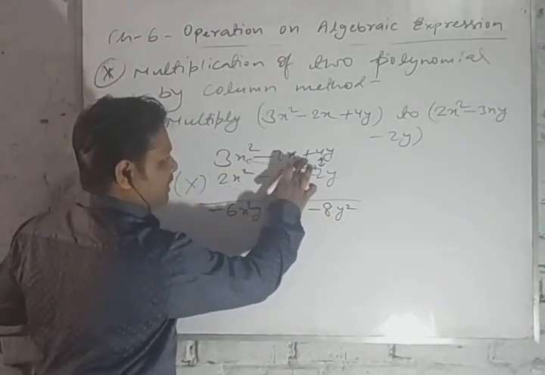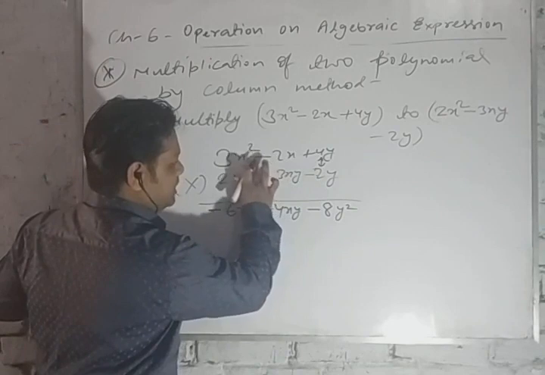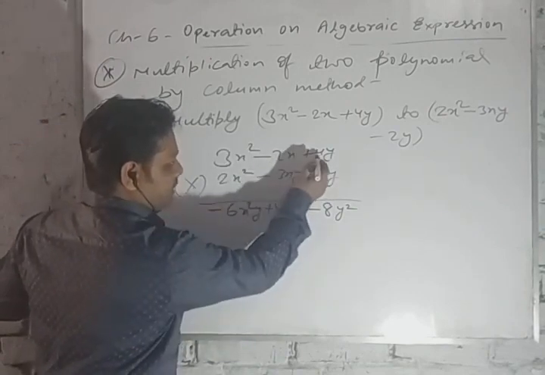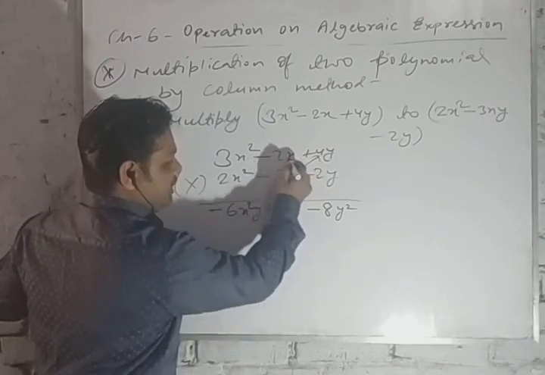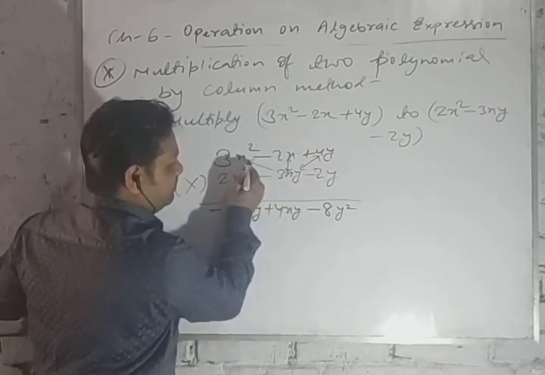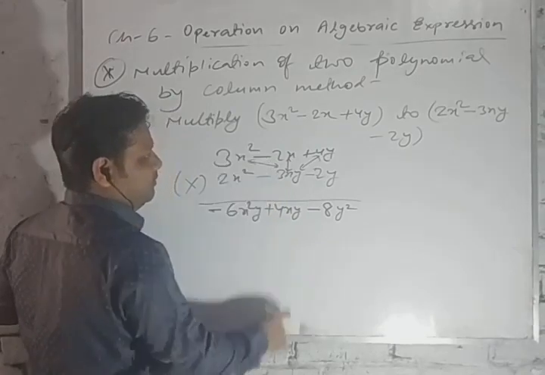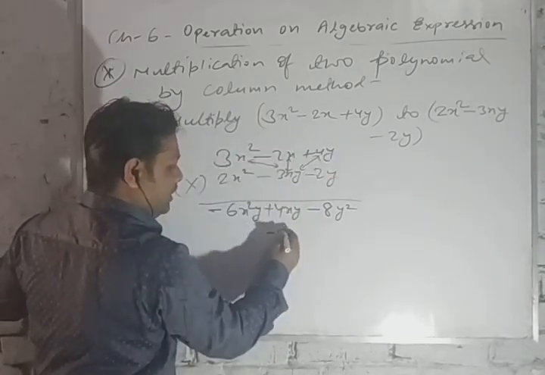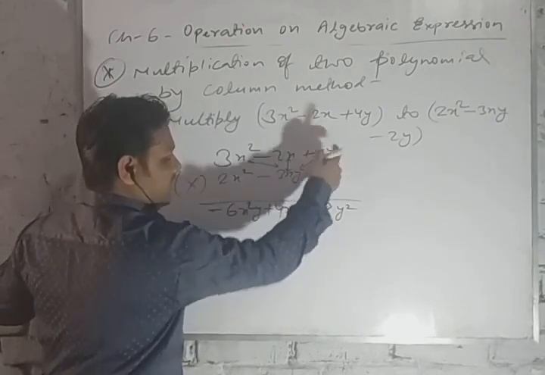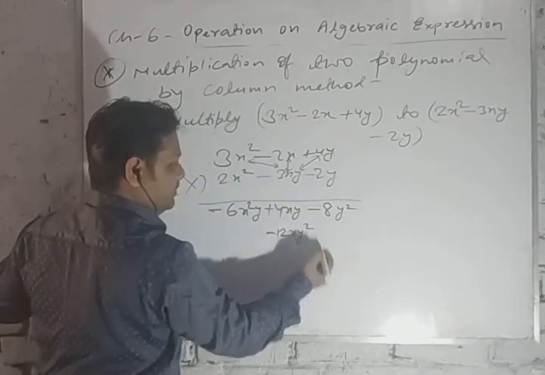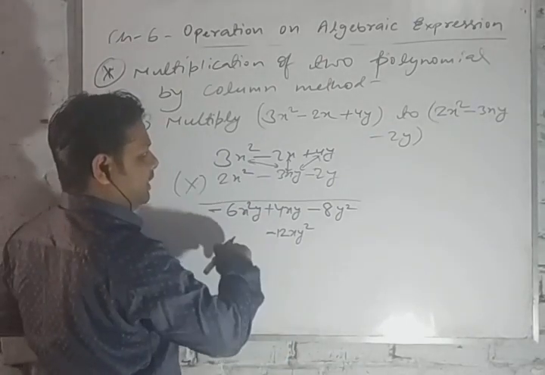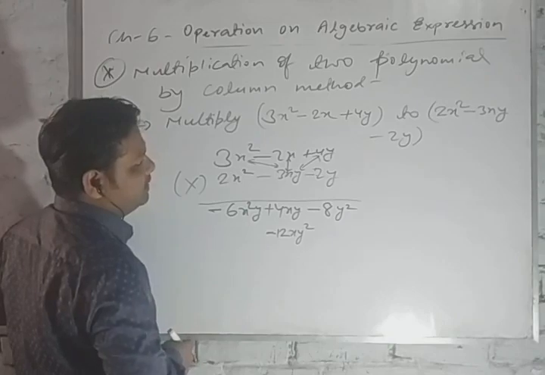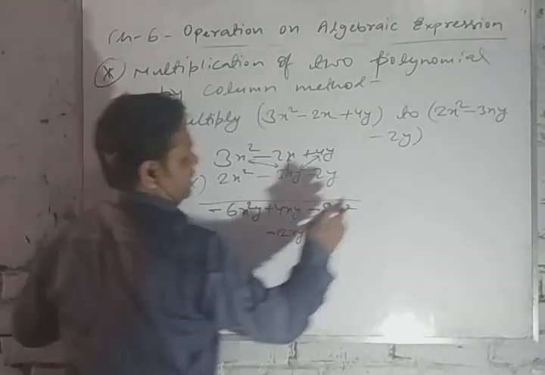After that we have to multiply with the second term of the second expression, that is from here. At first we have to multiply it from this, then from this, then from this. Okay. Now plus minus 4, 3 ja 12, xy square. Okay. Now here if we write only x, then it is very easy.